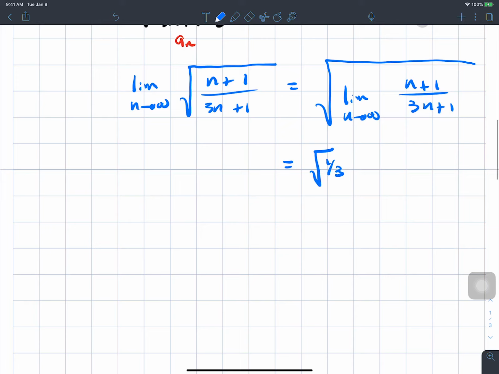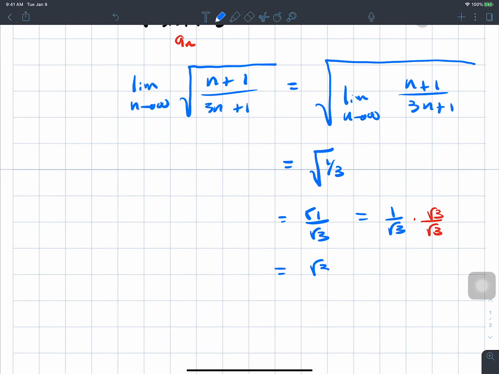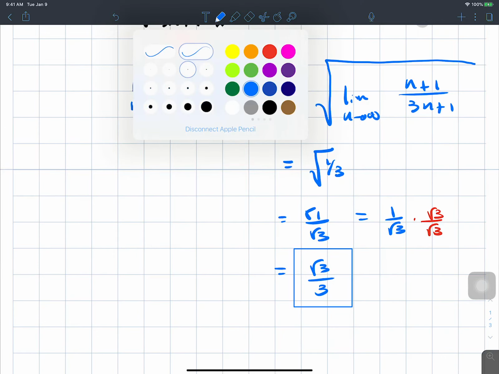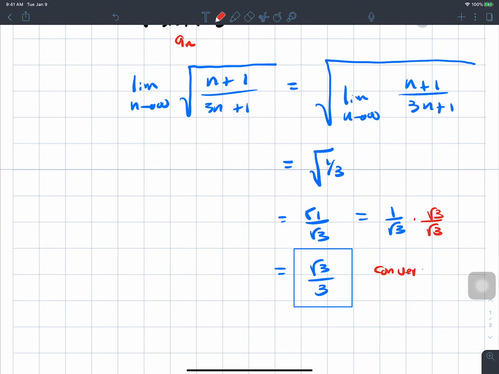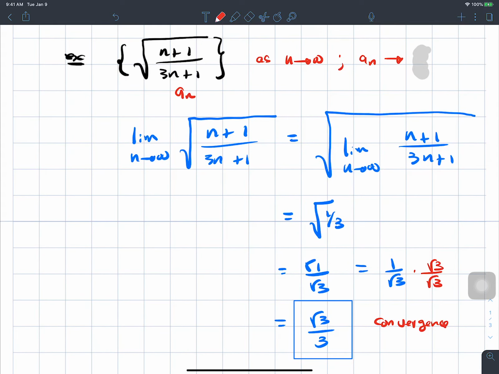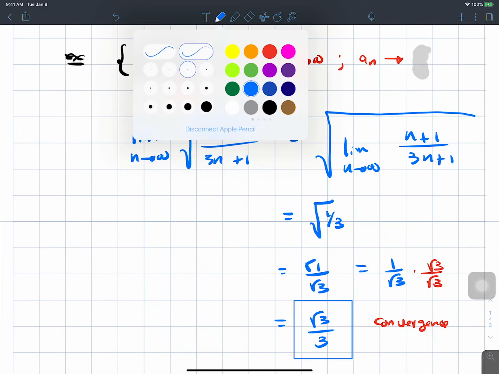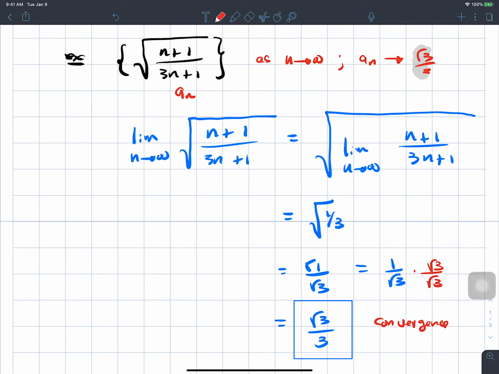So this becomes the square root of 1 over the square root of 3, and of course, we will rationalize the denominator. So you end up here with the square root of 3 over 3. Again, you have convergence here. So here are further examples of limits with our sequences.